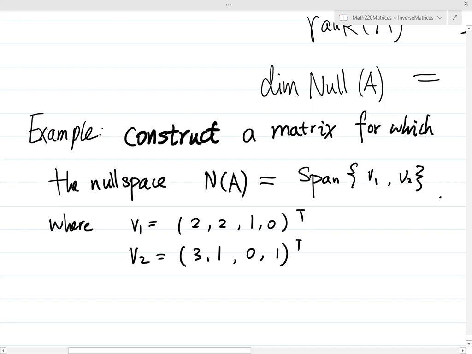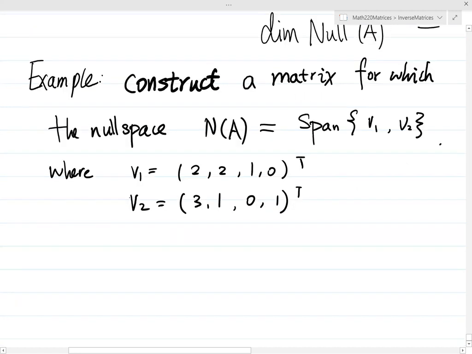Now we need to make sure that this null space is exactly the space spanned by these two vectors.